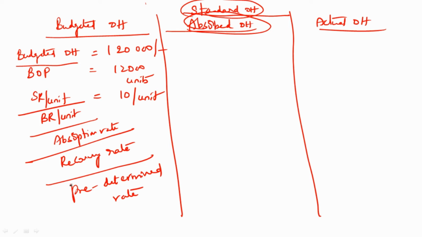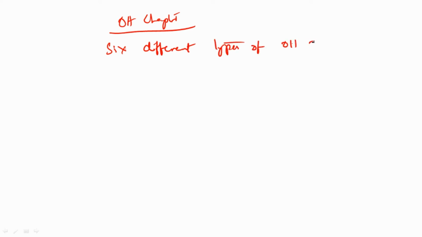If you're familiar with the overheads chapter, in the overheads chapter there are six different types of overhead absorption rates.